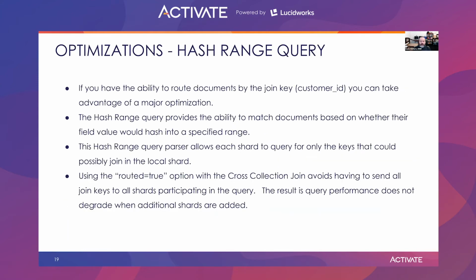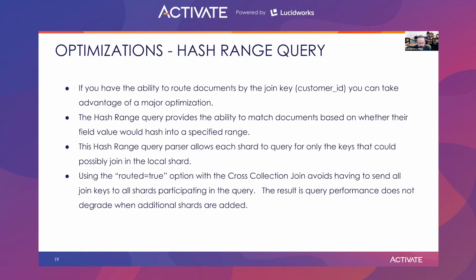So one of the things that we did talk about a little bit is that we did a number of optimizations to this, but one of the most fundamental and important ones allows the number of shards to increase in your local collection without increasing the number of join keys that have to go across the network.